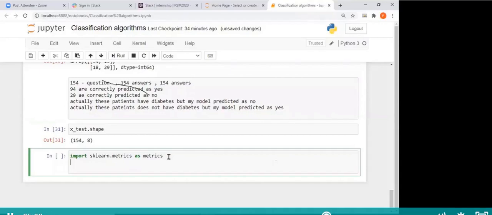Now, first, LFPR, comma, first of all, we have to calculate TPR. I'll also tell what this FPR and TPR are. Don't worry.